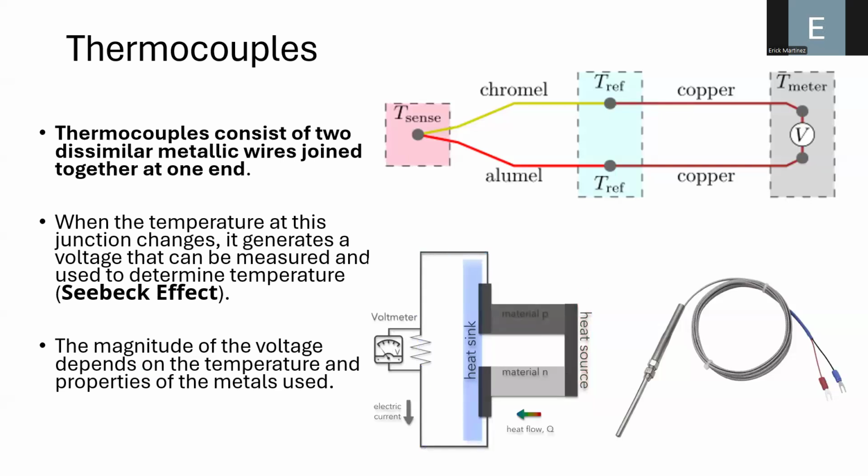We have again two metallic objects, and when you apply heat to the junction, you produce a current flow. This movement of electrons produces a voltage that we can use to estimate the temperature. And this is an illustration of a thermocouple.